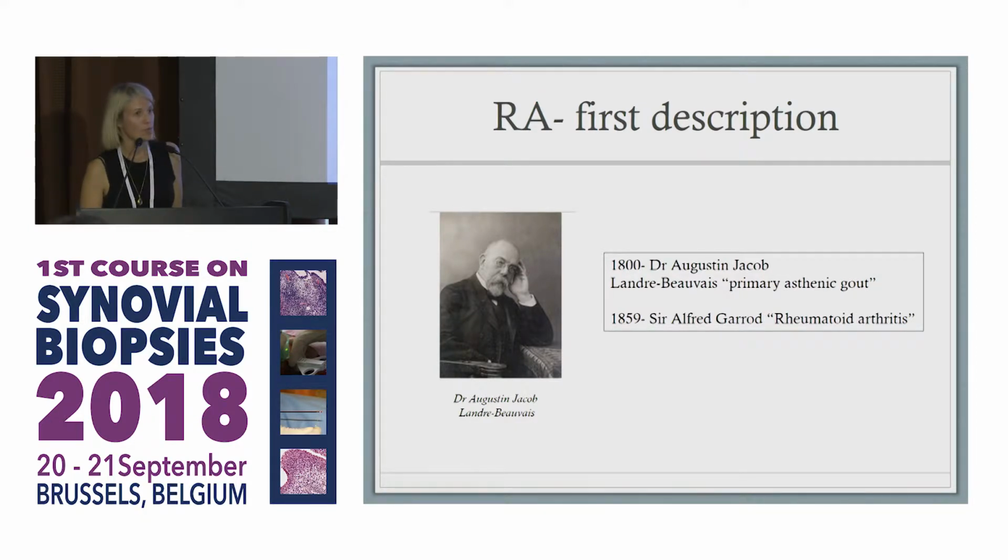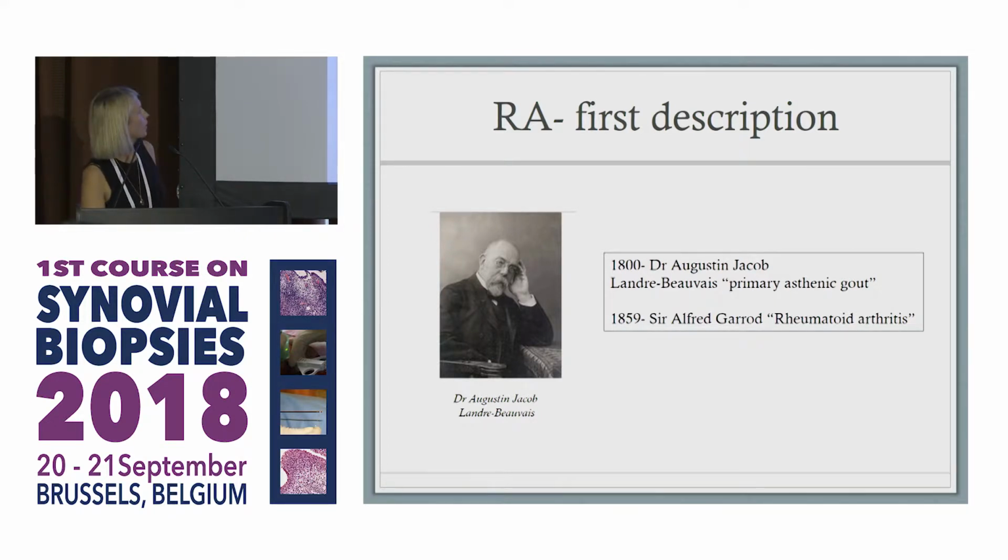I'm sure all of those who've written any sort of PhD thesis on rheumatoid arthritis will have quoted the first recognition of rheumatoid arthritis as primary asthenic gout by Beauvoir in 1800, and the recognition of this distinct disease by Alfred Garrod in 1859.